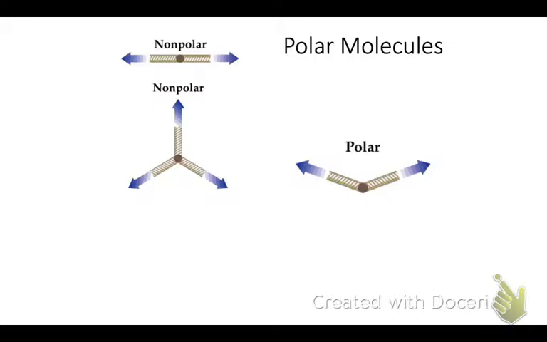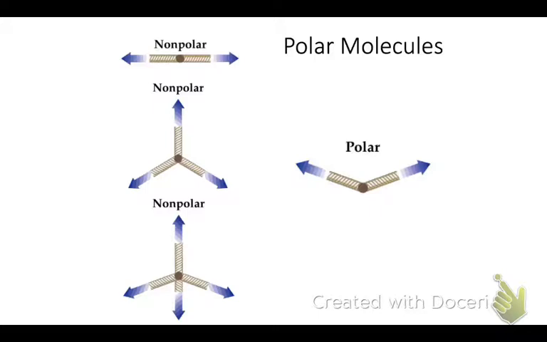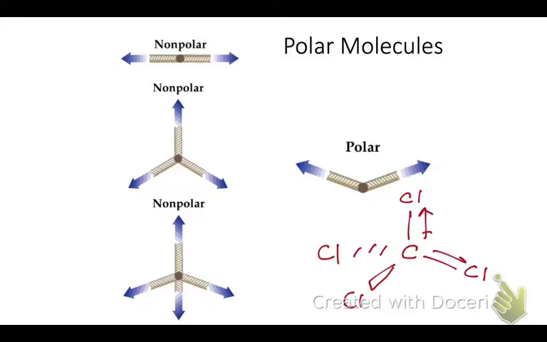Now, if you have two dipoles going in that direction, then if you add them up together, they are not canceling out. That will make the molecule polar. If you have a tetrahedral, like this molecule right here, then if you add this dipole to this dipole, so this is dipole 1, dipole 2, if I add 1 to 2, it's going to give me A, and A is heading in this direction.